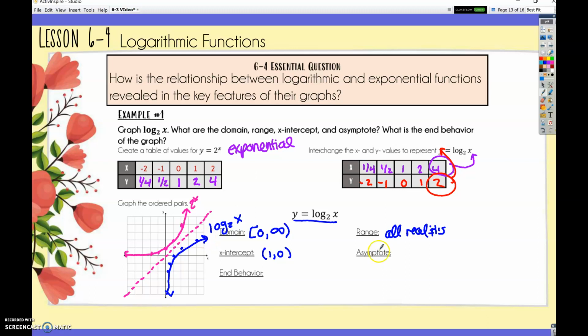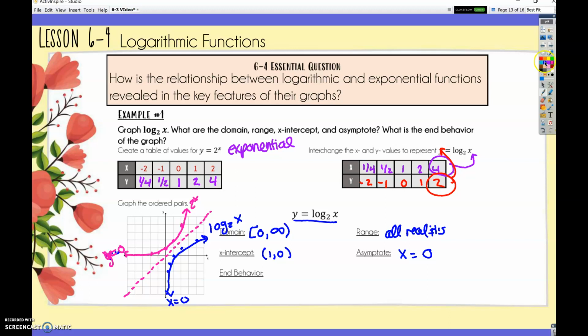For our asymptote, on our pink graph, y equals 0 was our asymptote. On this one, this is riding up along the y-axis, which is x equals 0. So that would be our asymptote. Notice how the x and the y switched. On our pink graph, y equals 0 was our asymptote. Now x equals 0 is our asymptote.